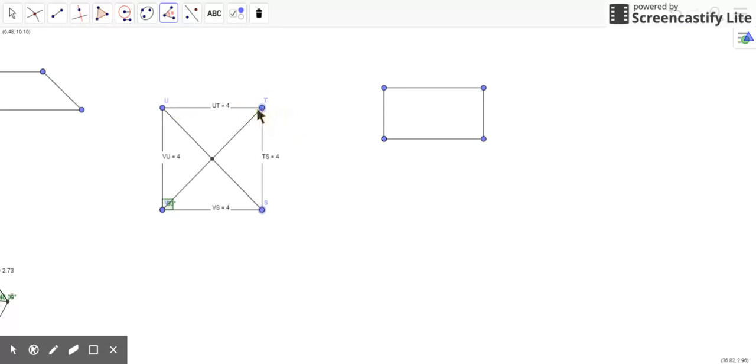Okay, there you go. Well, that's 90 degrees, and that is also. Anyways, the next thing is it has both rectangle and rhombus properties. Opposite sides are the same.